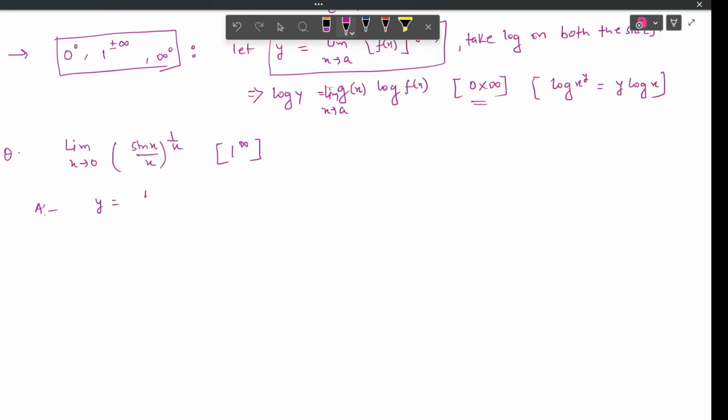So let y equals to limit x tends to 0 sin of x by x to the power 1 by x. Now take log on both the sides. So log of y would be limit x tends to 0, 1 by x will come outside, log of sine of x by x.